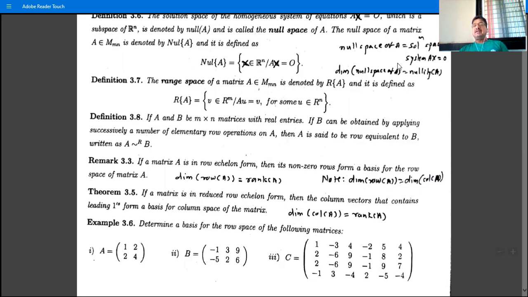Okay, and the nullity of the matrix is the dimension of the null space of A.